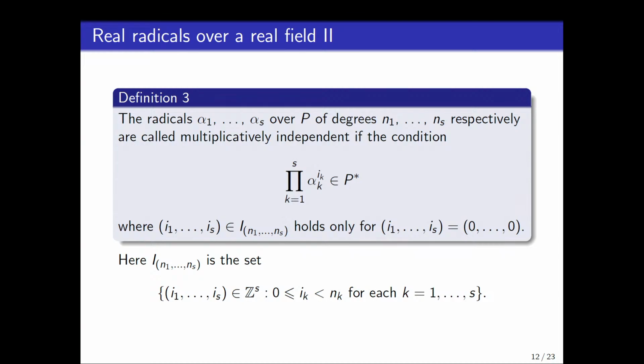One more definition. The radicals alpha 1 to alpha s over the field P of degrees n1 to ns respectively are called multiplicatively independent if this condition holds only for the trivial case when the powers are zeros.